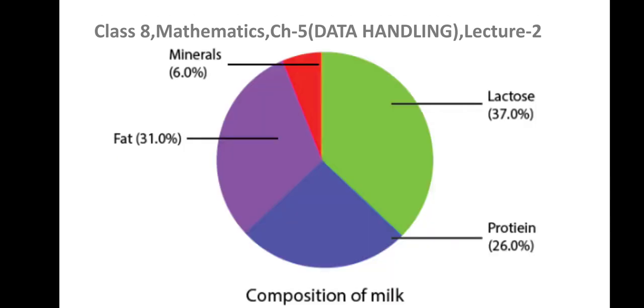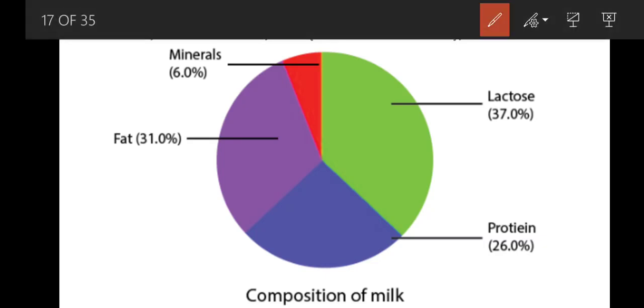This you must have seen. This is known as a circle graph or pie chart. Here I have taken the example of the composition of milk. What all is present in milk, that is what I have taken as an example to show you all.